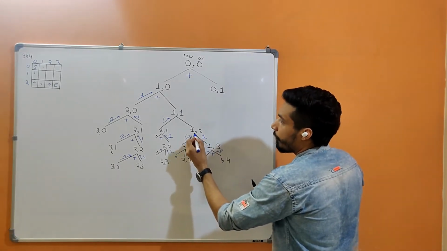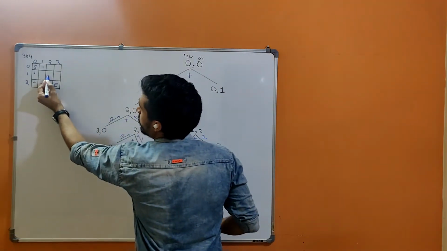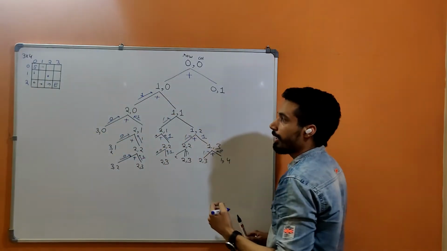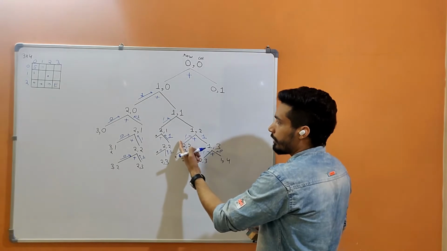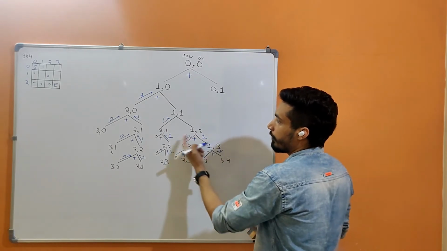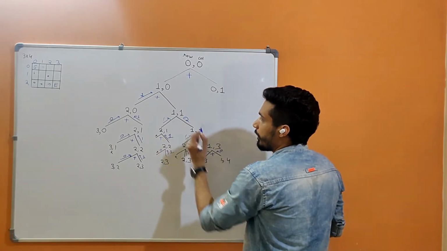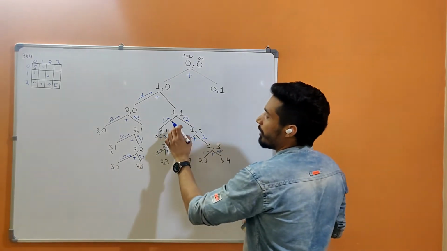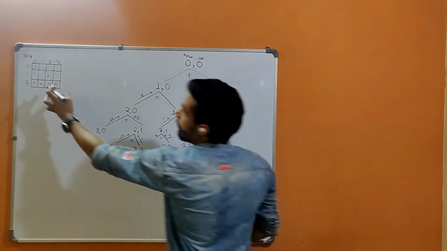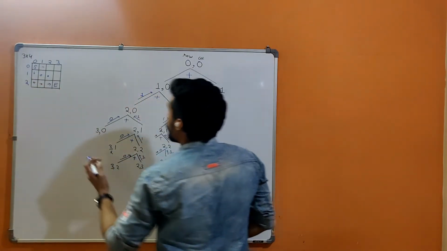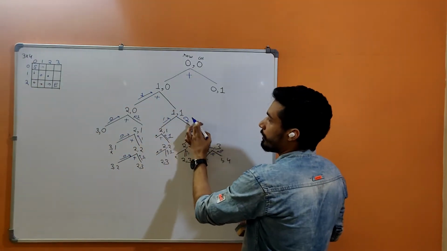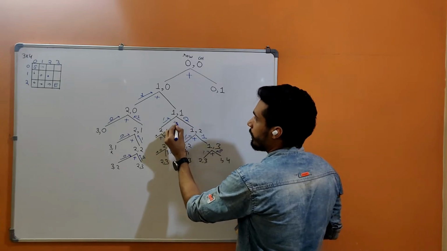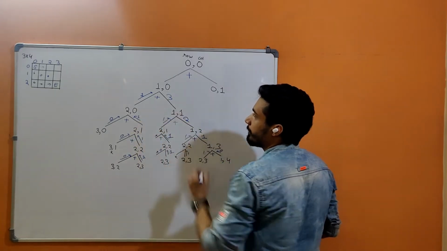Now from the 1 2 position, there are 2 paths possible. I can go towards the down or towards the right, both are returning 1, so we will return 2 here after adding both paths. And from the 1 1 position, if we go towards down, we get 1, and if we go towards left, there are 2 paths, so we will add them and return 3 here.